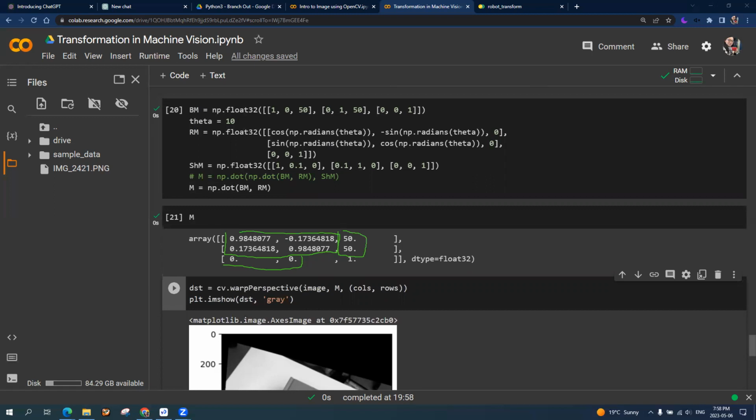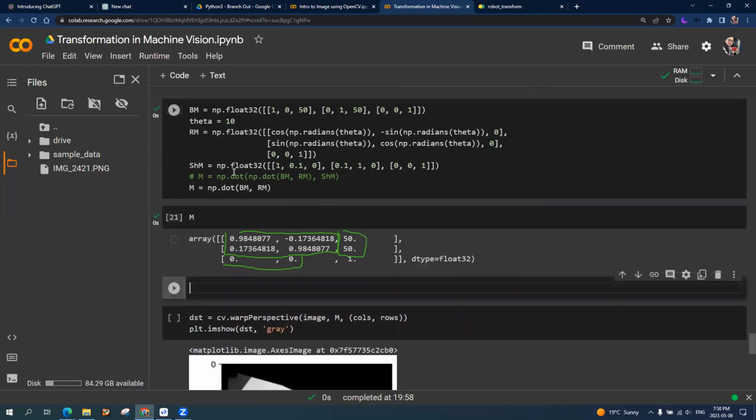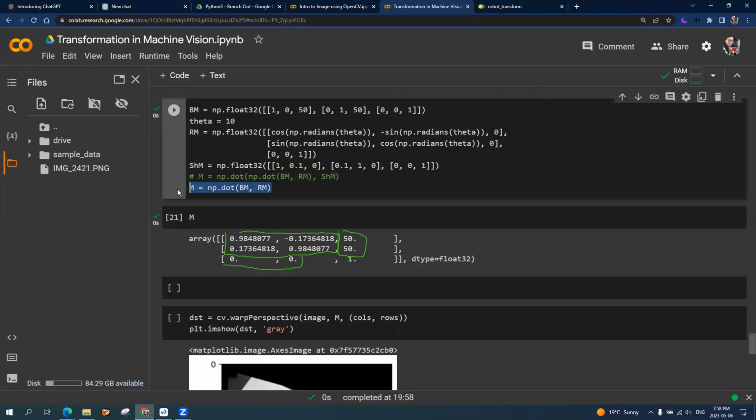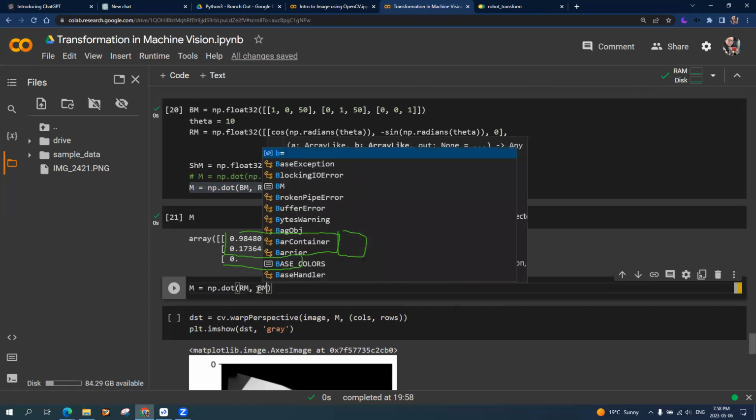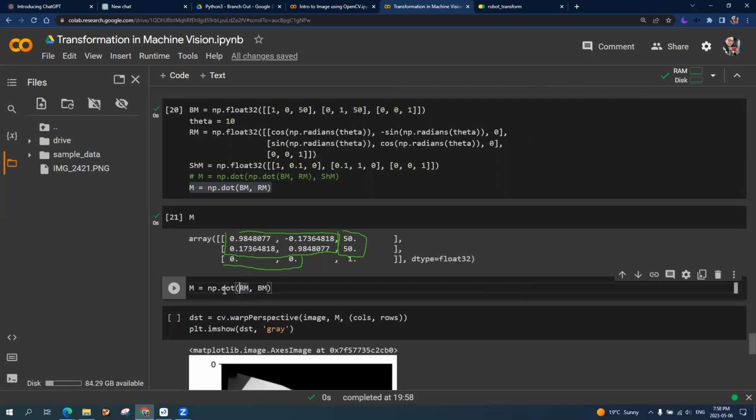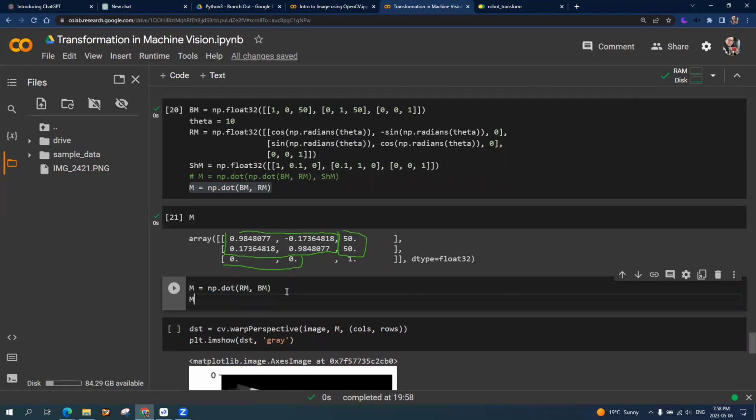Okay, so what happens if I don't do it in this order? Let me just show you an example. If I don't do it in this order, I do the rotation first and then translation. So I do rotation first and then translation. And let's show what the M looks like.